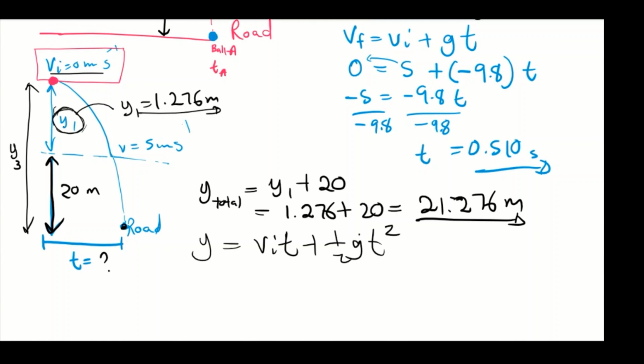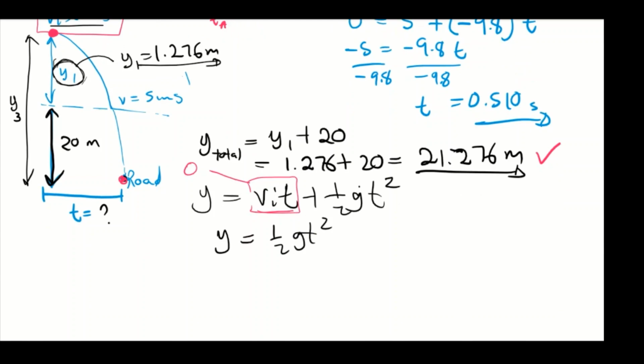The reason we're starting from this top point is because we are using maximum height and we're going all the way down, right? So our initial velocity is 0 meters per second, making this portion equal to 0. So we're going to have y equals 1/2 g t squared.